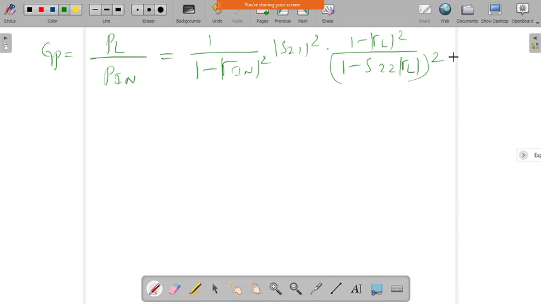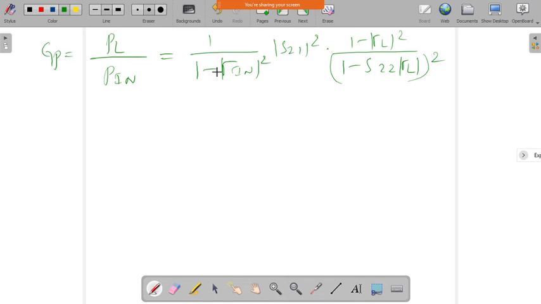So this is the power gain. The only difference between GT and GP is the 1 minus gamma S square term; if I take that out, we get the same expression as the transducer gain.